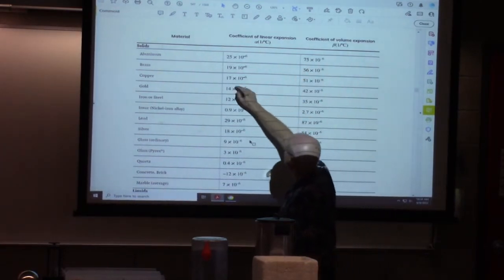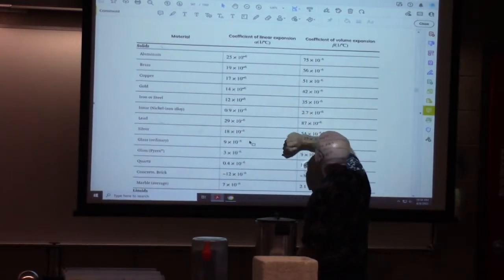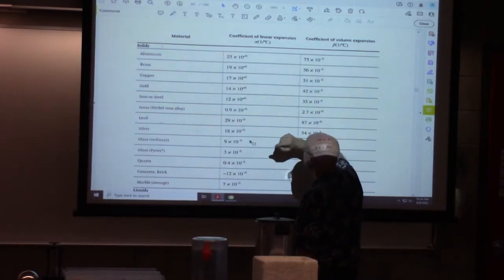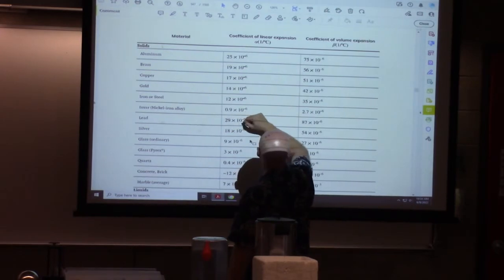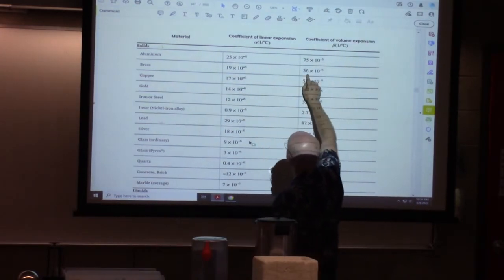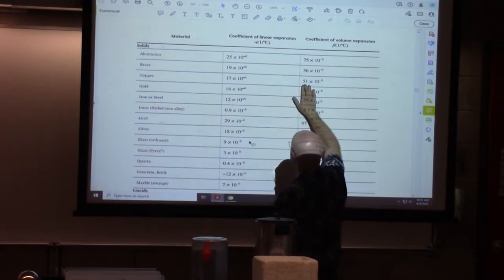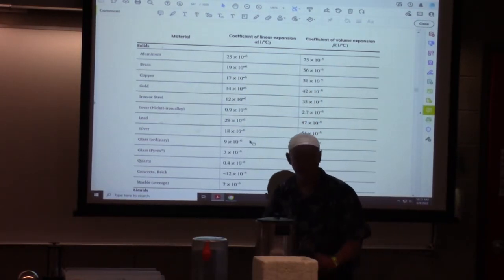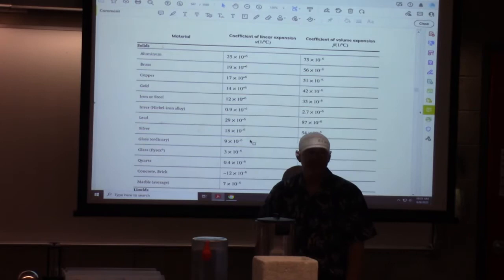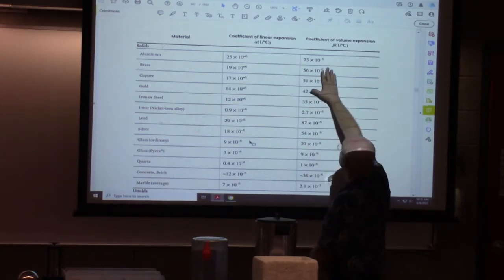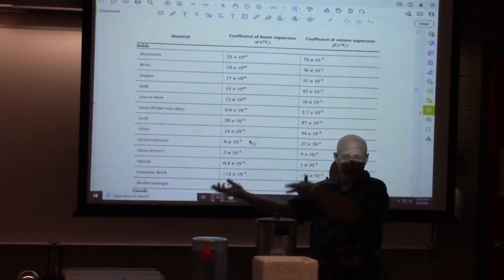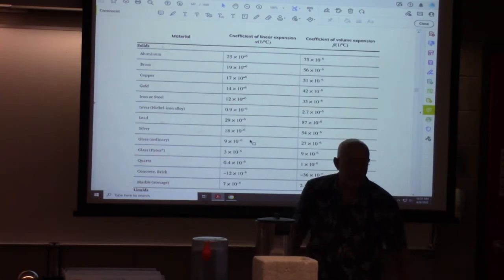And sure enough, 25 times 3 is 75. 19 times 3 is actually 57. 17 times 3, 51, and so forth and so on. So many charts don't even list the beta. Everybody knows it's just 3 times alpha.